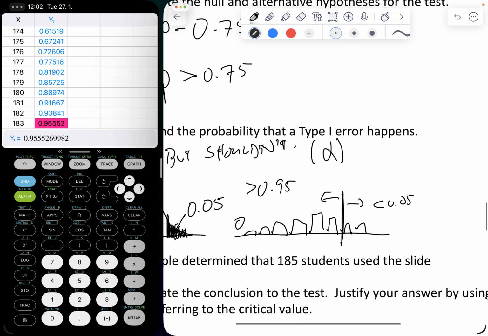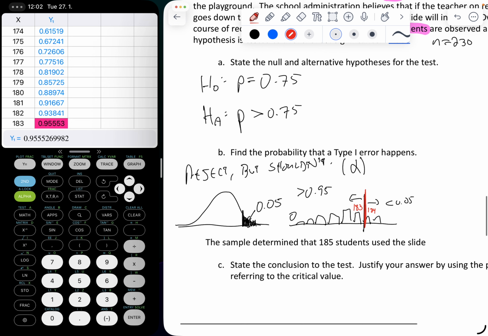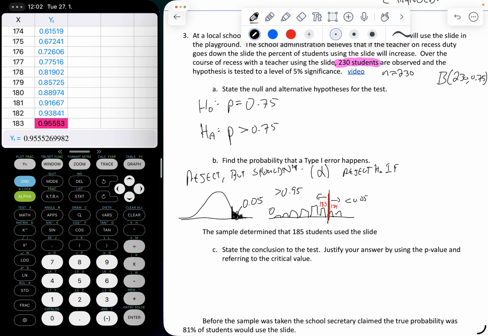If I use red here, this value right here is 183. That is the first time that I have gotten over 95% on the left side of my cutoff line. So that means this value is 184. This means that we would reject the null hypothesis if we get 184 or more kids using the slide.